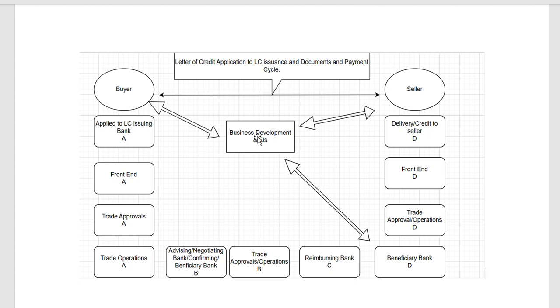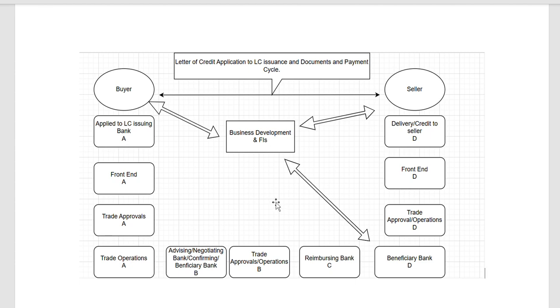FIs will come into the picture where they will have direct relationships with various correspondent banks, so that LCs can be routed in a proper way, and there is no issue in establishing the authenticity and LC SWIFT relationship with the banks.